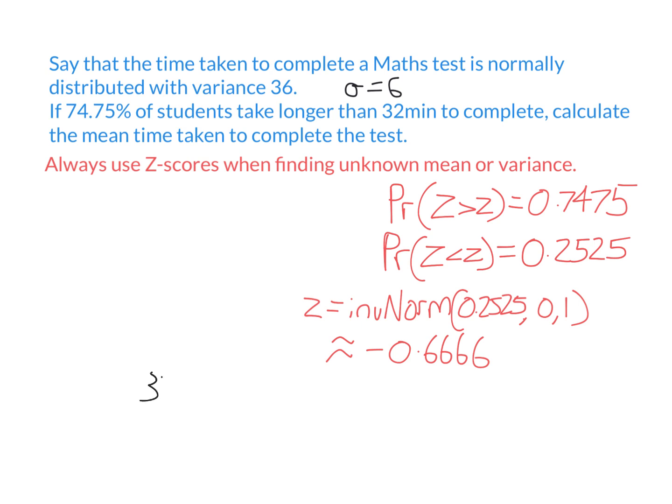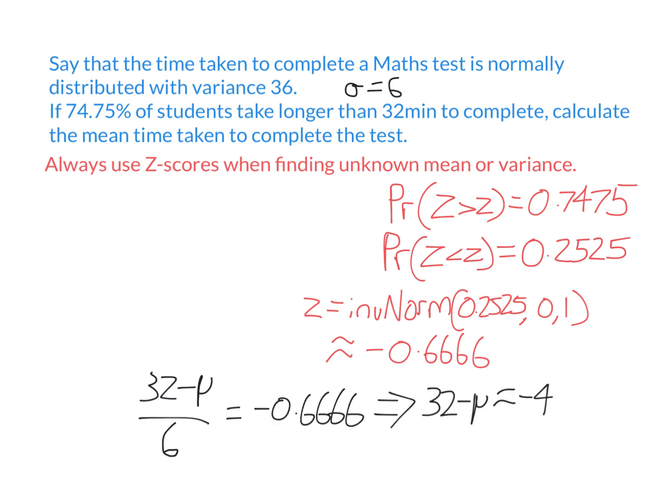That means the score minus the mean over the standard deviation is equal to this number, minus 0.6666. So all I do is solve this equation. I multiply by 6. I get that 32 minus mu approximately equals negative 4. So mu is 32 subtract negative 4, which is 36. So that means the mean time taken to complete this test is going to be 36.